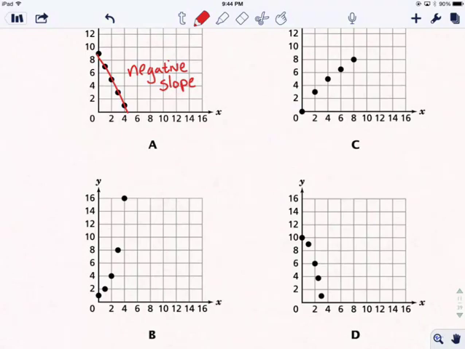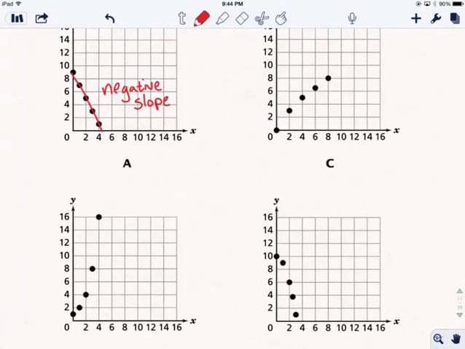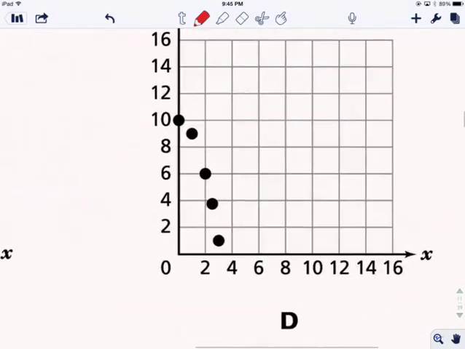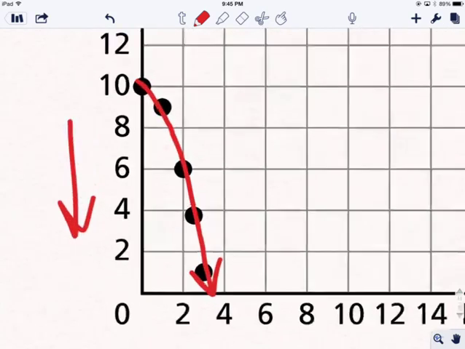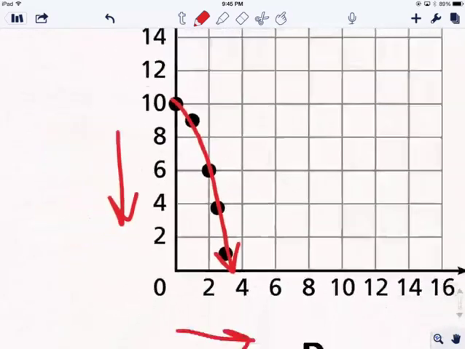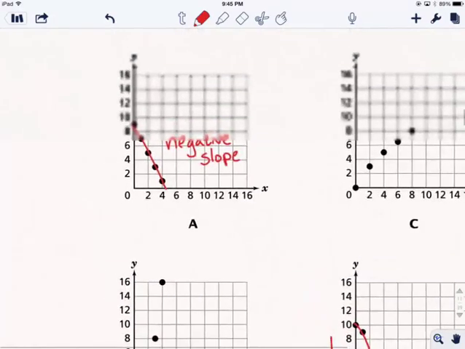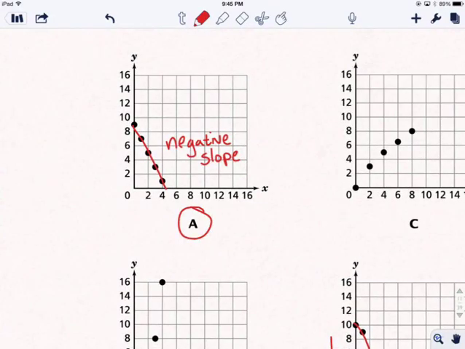Now none of the other answer choices make this very clear. Answer choice D is also kind of negative because as x goes up, y goes down, but the points do not lie along a straight line, so it cannot possibly be a linear relationship. So the correct answer here is A.